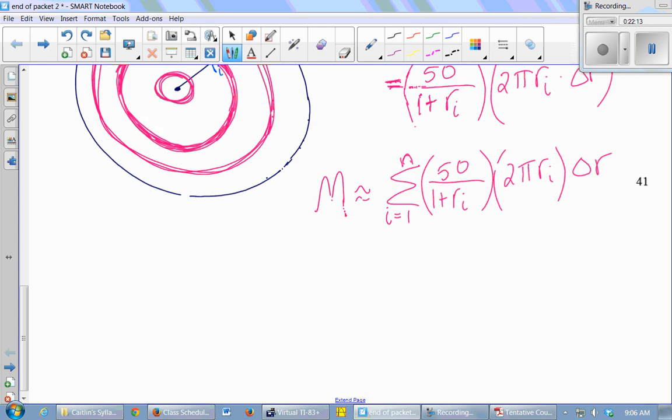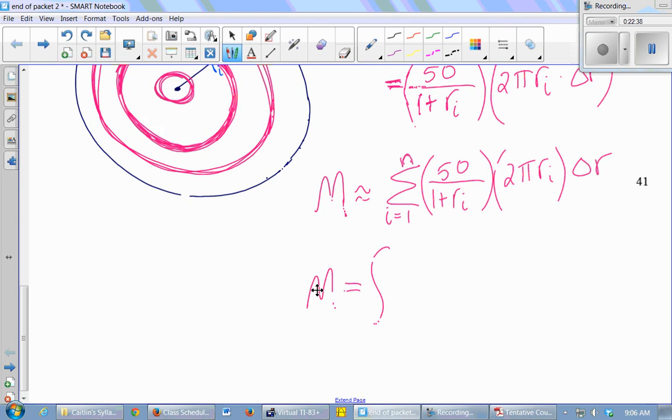Okay. And then I let the number of slices, the number of concentric rings, go to infinity, which means that the width of those rings goes to 0, and I'm going to get an integral. I take the limit as n goes to infinity, and the sum becomes an integral. The r sub i's just become regular old r's.